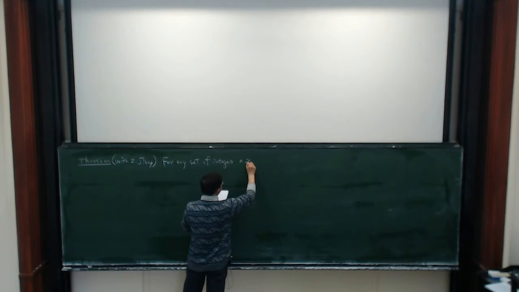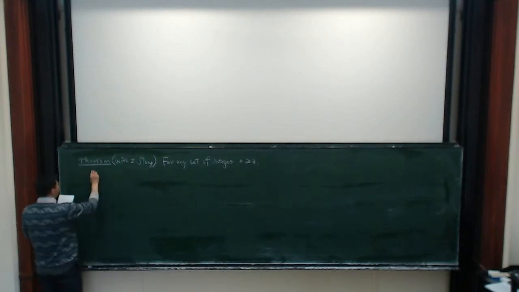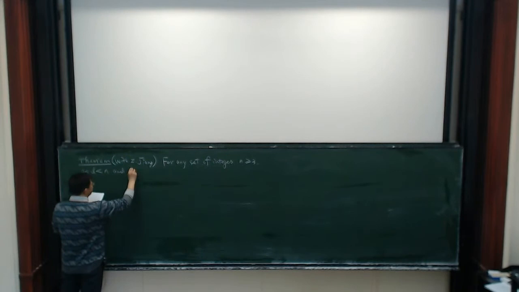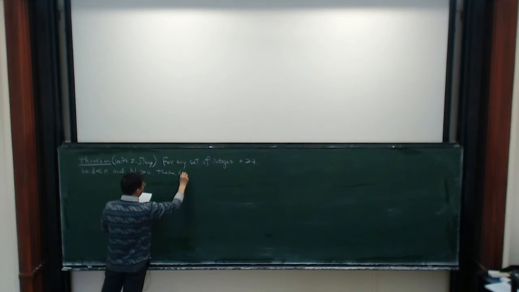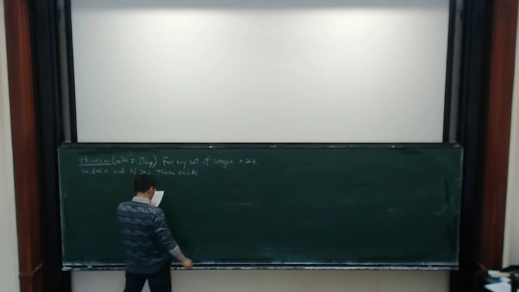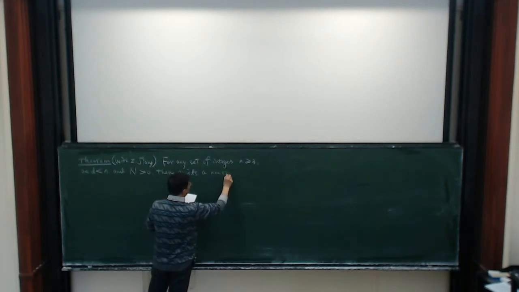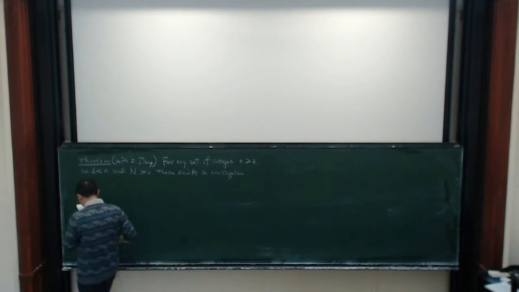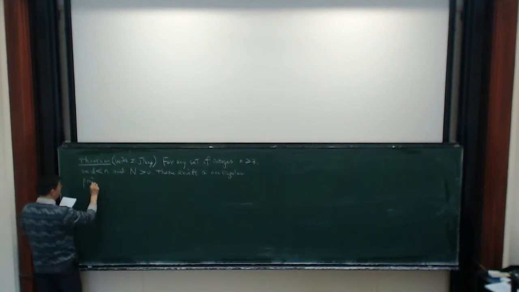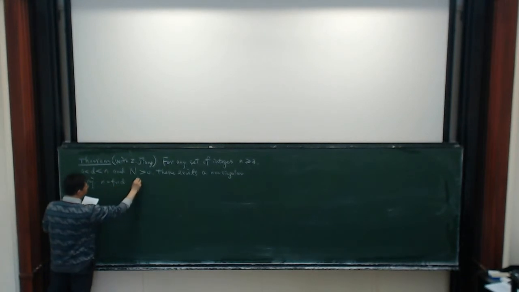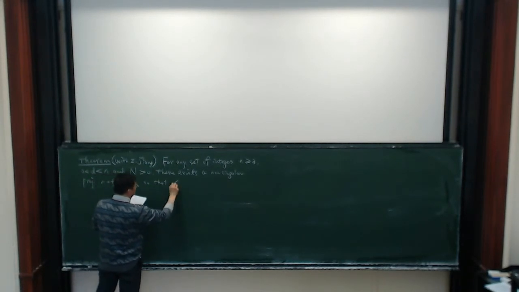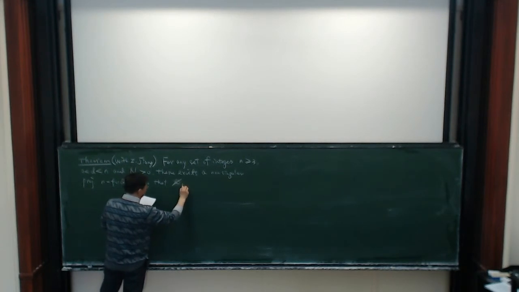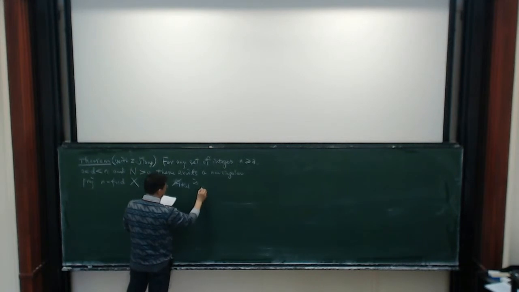say n, this is the dimension of the variety, and for any d positive but smaller than n, and any constant capital N, there exists a non-singular projective n-fold X so that phi_{K_X} is of fiber type.